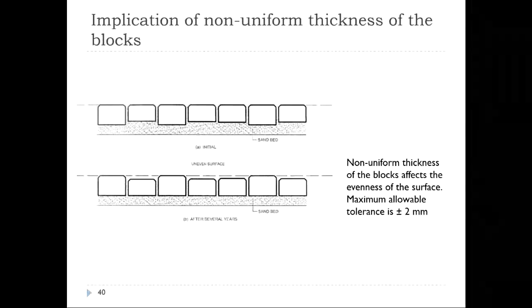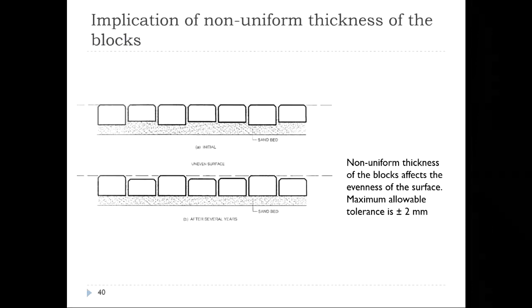Again, one of the other checks we need to look into in the case of interlocking concrete block pavements is where we are getting blocks of different thicknesses. Again, this is of great concern. On a random basis, it is very important that we check the thicknesses of these blocks.